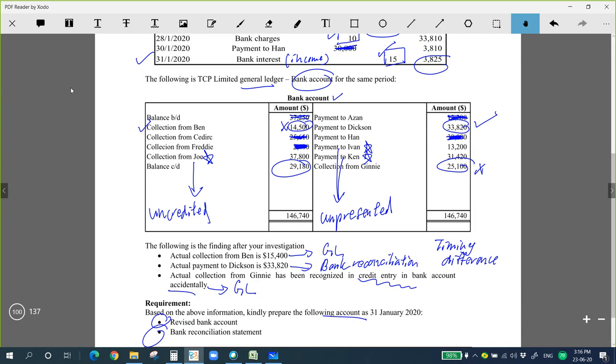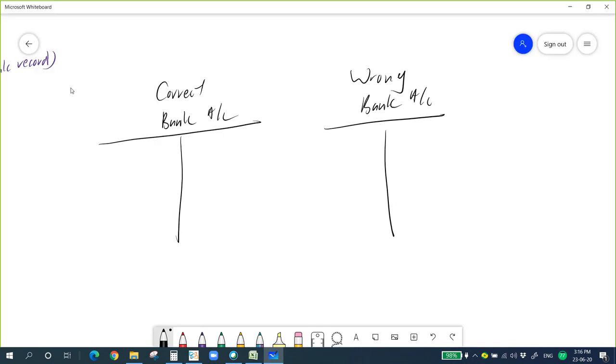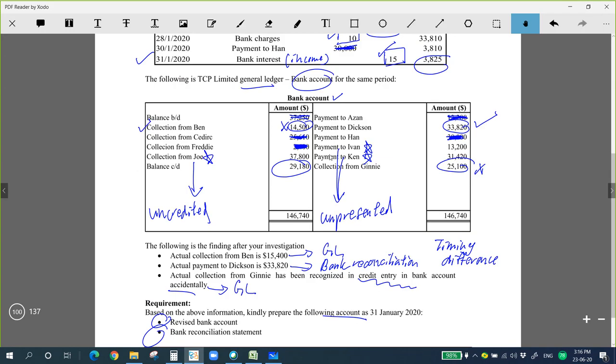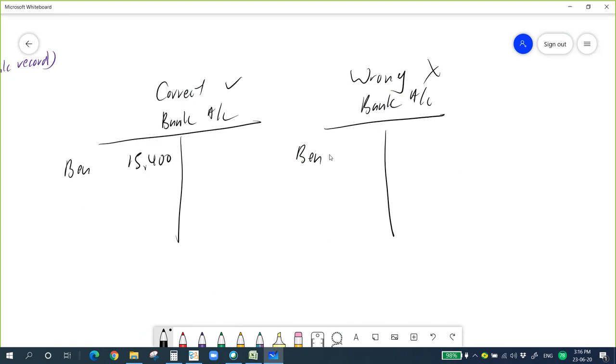The actual collection means this is the correct. From the bank it is 15,400. So we will have bank 15,400. So this is the correct one. But the wrong one, we have recorded 14,500. So now we have to change from the wrong one, 14,500, to the correct one, 15,400.